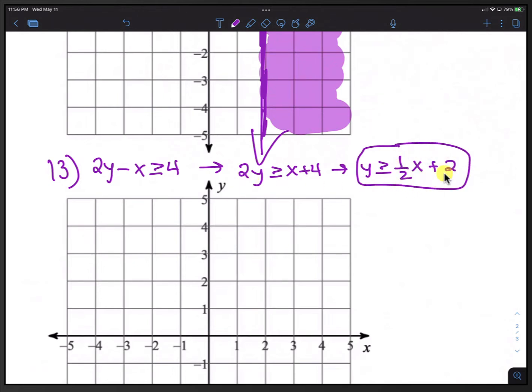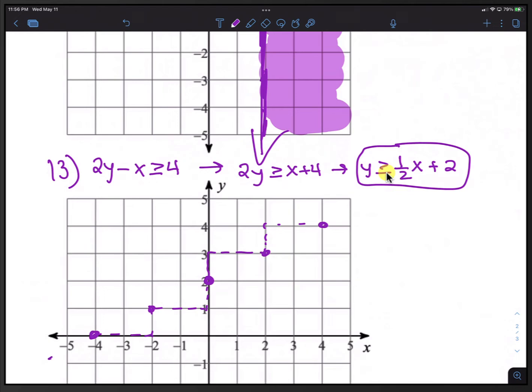And to graph this line, it has a y-intercept of 2, and it has a slope of 1/2. So that means we'll go up 1 and over 2, up 1 and over 2. And then we can go backwards, so down 1 and to the left 2, and so on. All right, now this line that we're drawing is going to be solid because it is greater with the equal.